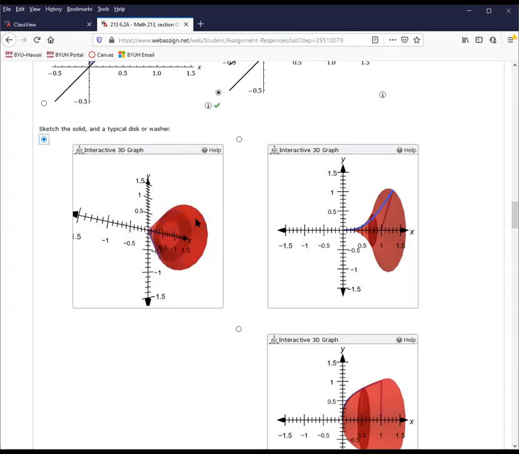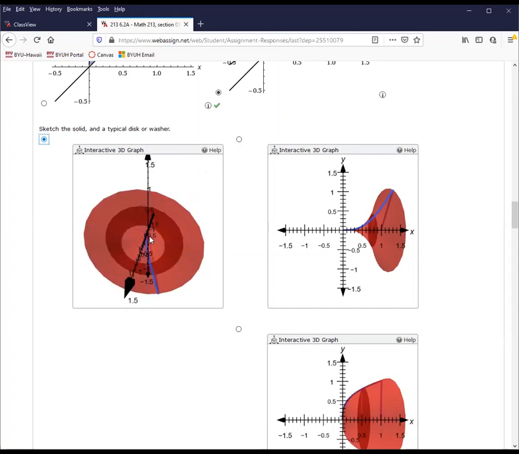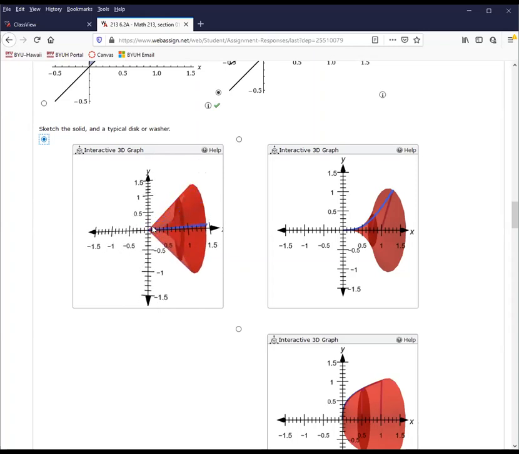And this shaded in dark red is a typical cross section, which is a washer. And you can kind of see the trace there, the light red. We can see it better here: y equals x here, and then y equals x cubed here.